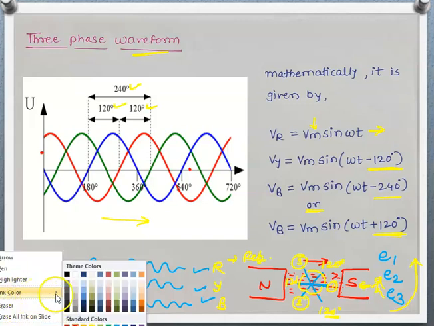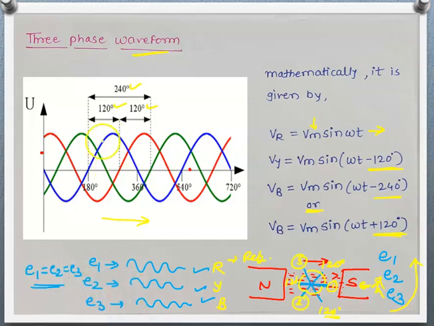See here, suppose this is the EMF induced in the first, R, this is the second, and this is the third. For example, we are standing here, at this position we are observing the wave.